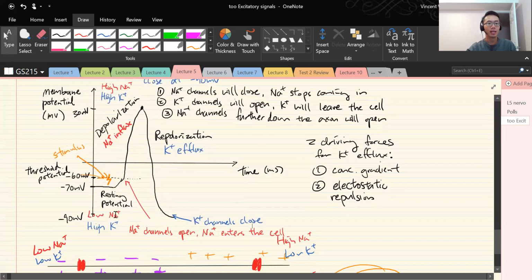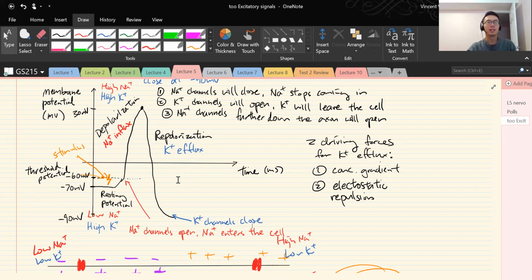Okay. So look, we were at -70. We crossed the threshold, right? So we go all the way up, and then it closes. And on the way down, you see we also cross -60, right? So you might be wondering, doesn't that cause the sodium channels to open again? That would be an excellent question if you were wondering that.